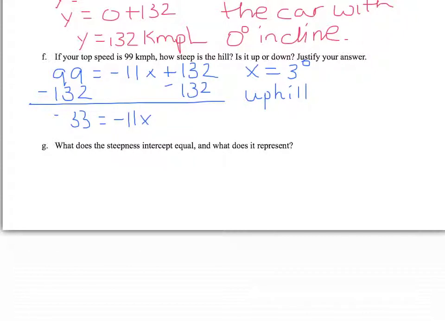And then finally, what does the steepness intercept equal, and what does it represent? Steepness is x, so we want to know what the x-intercept equals and what it represents.